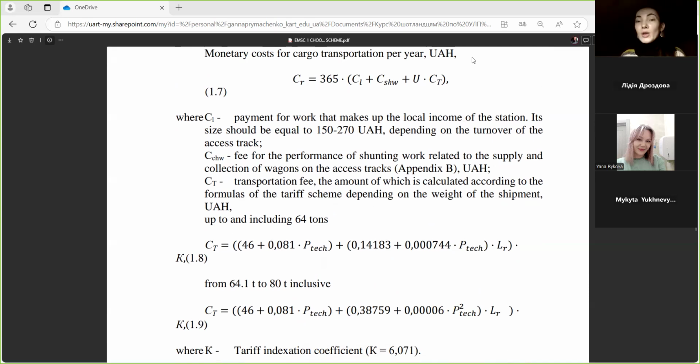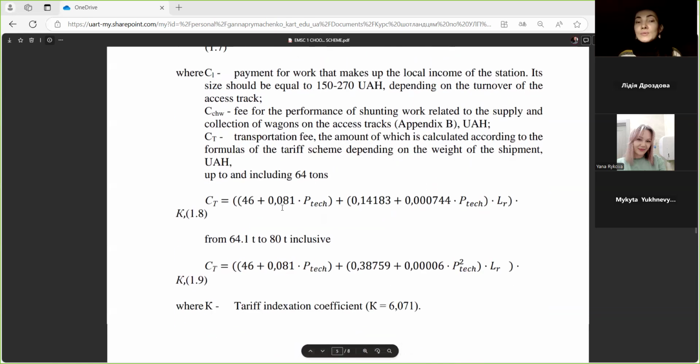cargo transportation per year. But before that, we need to find such points as C with index T. It is the transportation fee, the amount of which is calculated according to the formulas of the tariff scheme depending on the weight of the shipment. We find these points depending on our type of wagons.